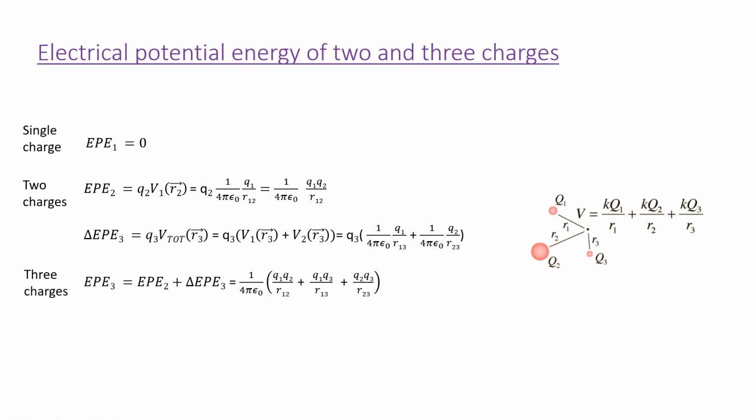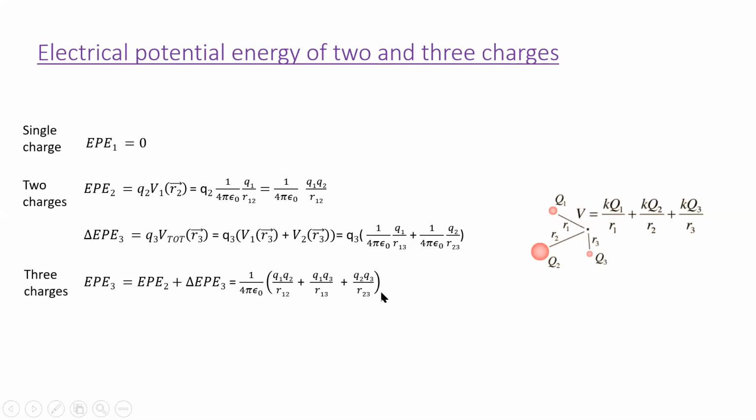So that's going to be, if we look here, the way we've set this up, 1 over 4 pi epsilon naught Q1 Q2 over R12, and then if I distribute this Q3 in here, we get 1 over 4 pi epsilon naught Q1 Q3 plus Q2 Q3.